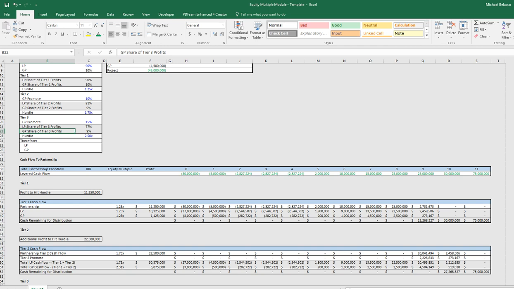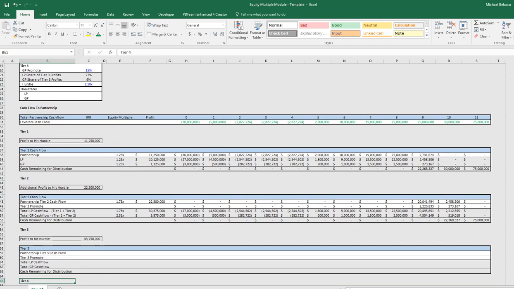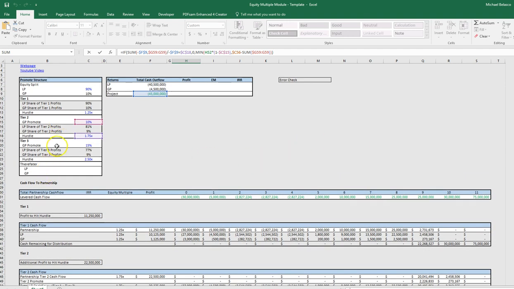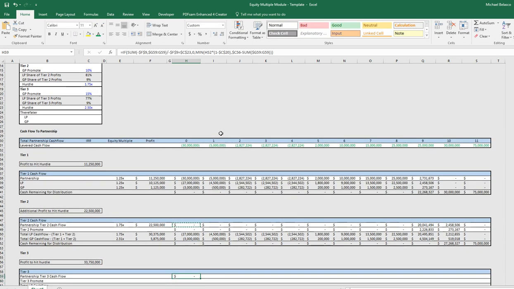All right, so now we're going to copy and paste our formula from tier 2 down to tier 3, and we are going to alter just a couple things here. Really, all we have to do is alter what's going on here. So we need to pull all this stuff down from tier 2 down to tier 3.